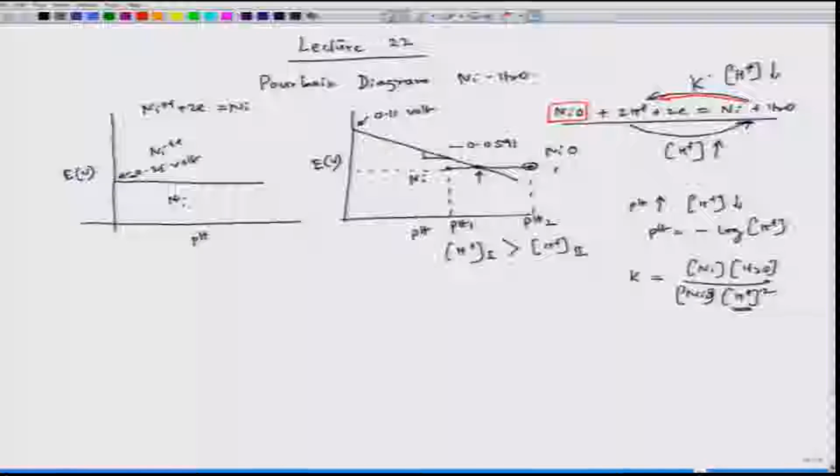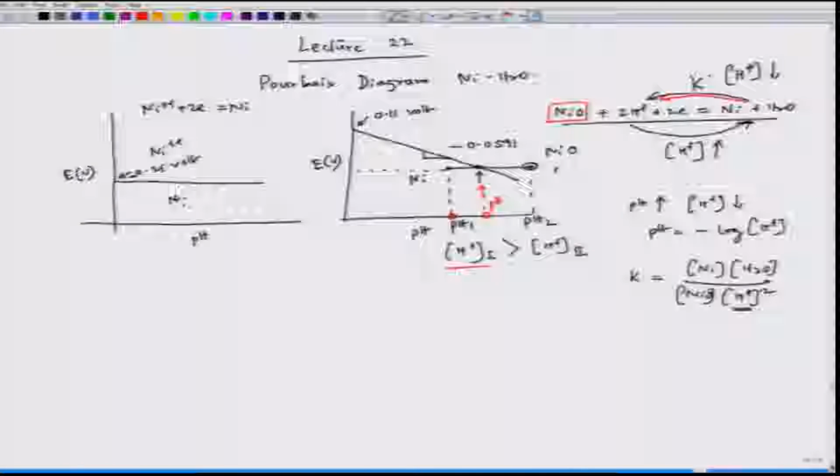Now, if I go to pH 1, then I see that H plus ion concentration is decreasing in comparison to this one, which also had some pH level. So, the pH at this point is more than the pH at this point.